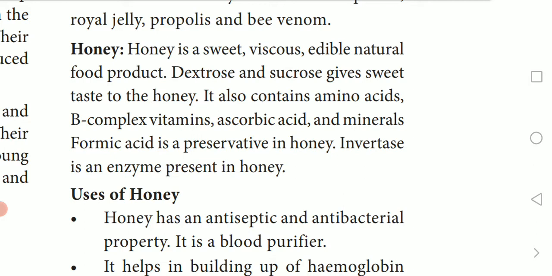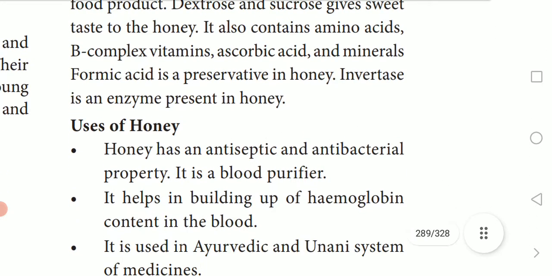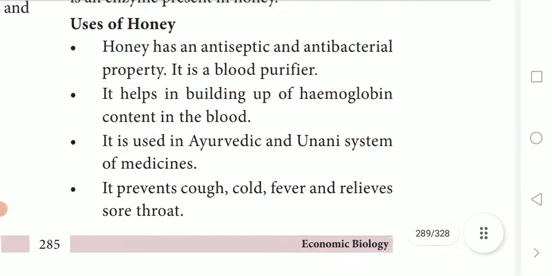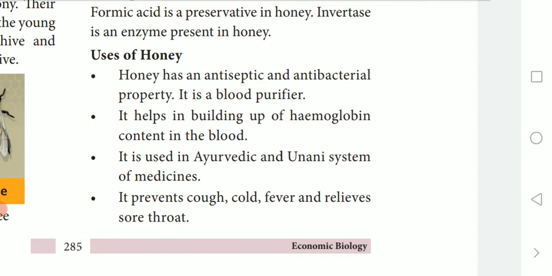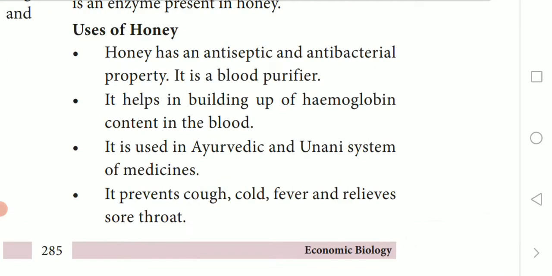Honey is a sweet, viscous, edible natural food product. Dextrose and sucrose give the sweet taste to honey. It also contains amino acids, B complex vitamins, ascorbic acid, and minerals. Formic acid is a preservative in honey. Invertase is an enzyme present in honey.